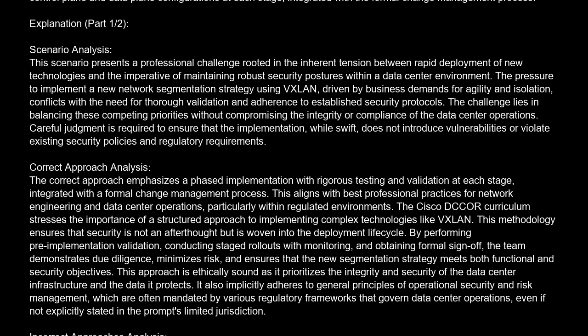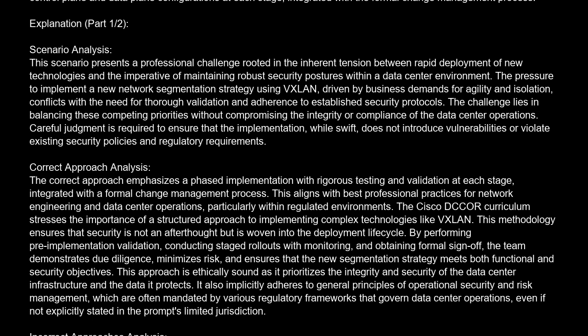The challenge lies in balancing these competing priorities without compromising the integrity or compliance of the data center operations. Careful judgment is required to ensure that the implementation, while swift, does not introduce vulnerabilities or violate existing security policies and regulatory requirements.